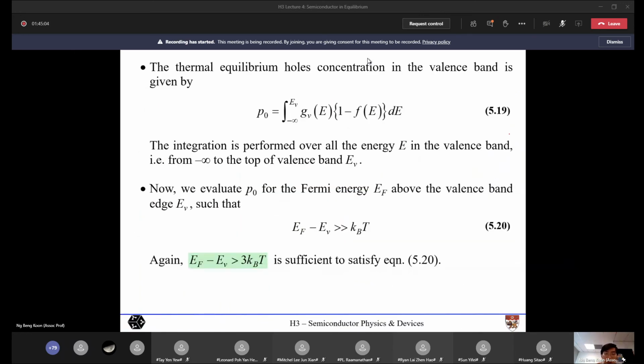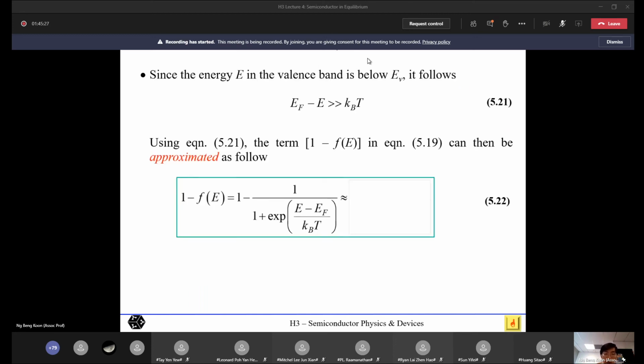Again, if you make the assumption that the Fermi level is quite far away from the valence band edge, using EF minus EV of more than 3 kBT as a good reference, so if it's at least 3 kBT or above, then we take it that it's sufficiently far away. Then we can similarly approximate 1 minus f of E to a single exponential function.